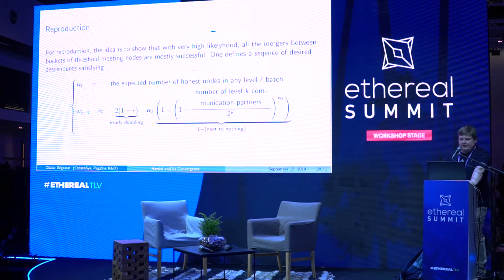And what you want to do is to see how likely it is that two batches reproduce to the next level. Here, reproduce means that you take two batches of a given size, and you want to have a batch that has, again, aggregate signatures obtained by gluing together these aggregate signatures, which is of size nearly double.